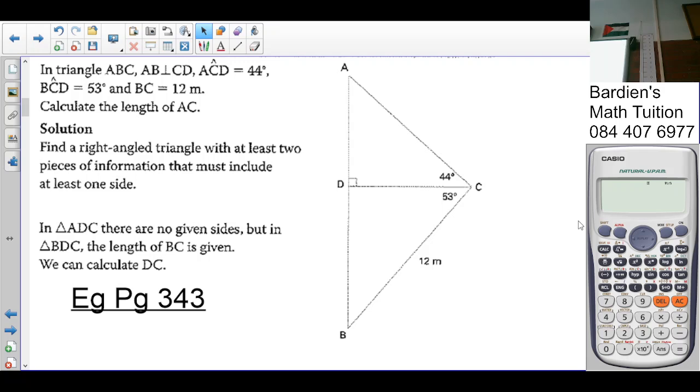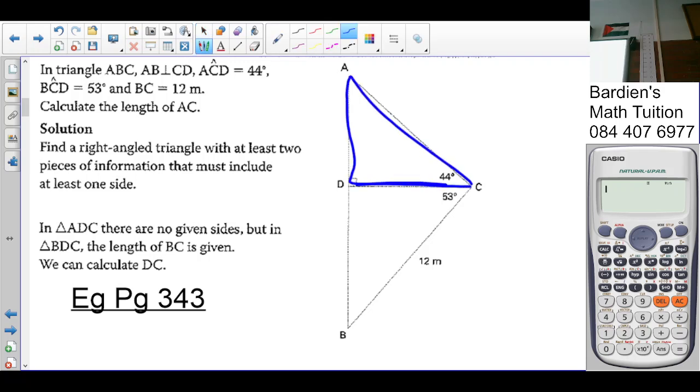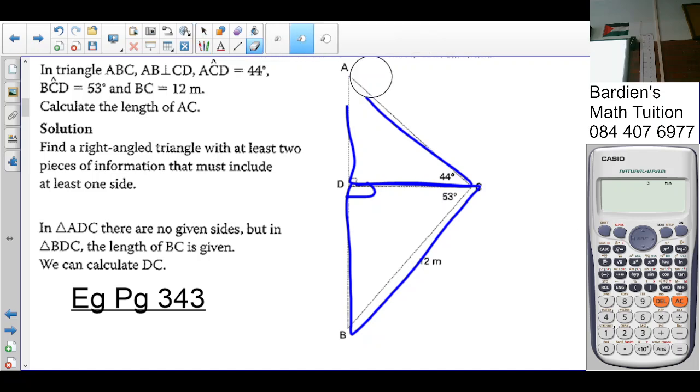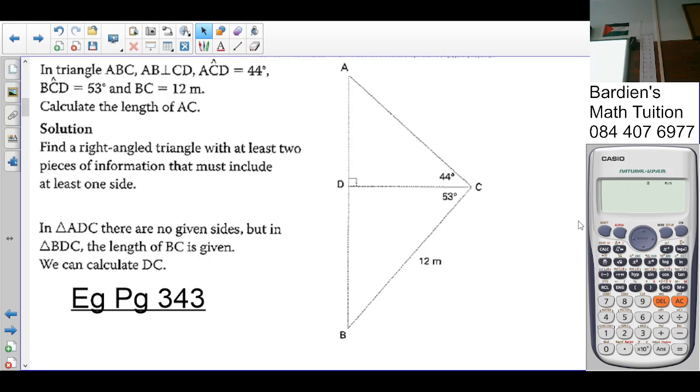Alright, so we are told in triangle ABC, AB is perpendicular to CD. So here I can apply Pythagoras and I can use your trigonometric ratios, and as you can see, there are right angle triangles. There are two triangles you can work in. Then the question says that ACD is 44 degrees, BCD is 53 degrees, and BC is 12.